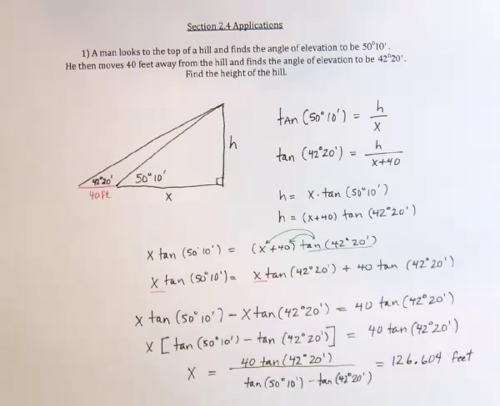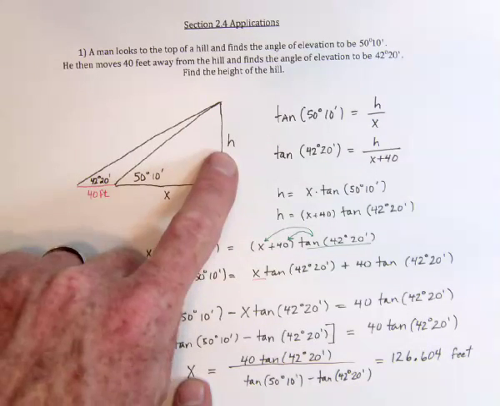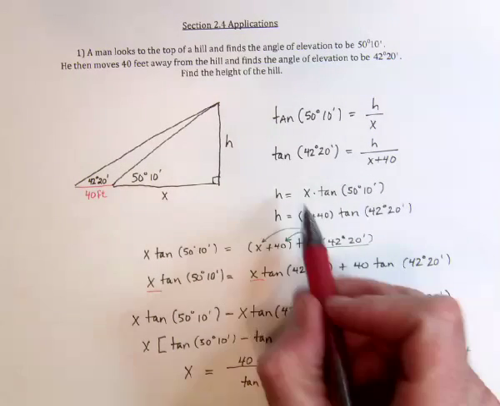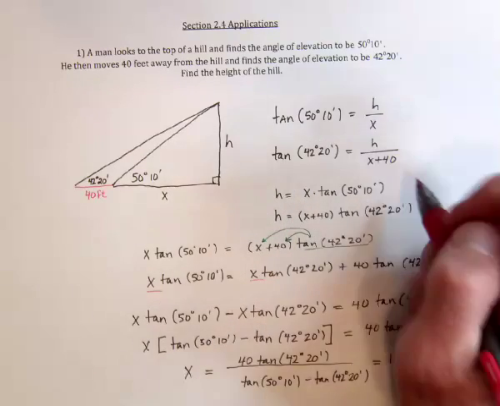And then just double check that we answered the question. And we did not. Actually, we found x and we're supposed to find h. Well, that's fine. Just go back over here and substitute what we got for x, and then we'll have h.